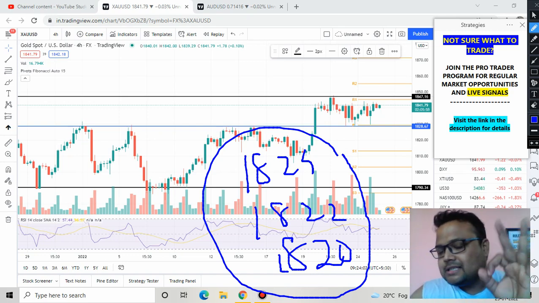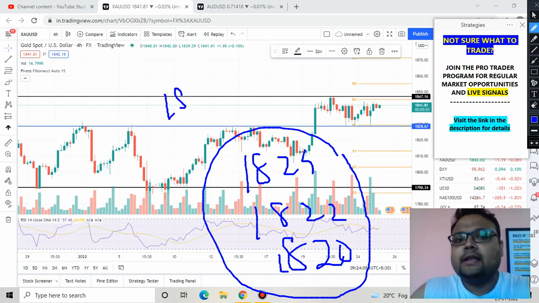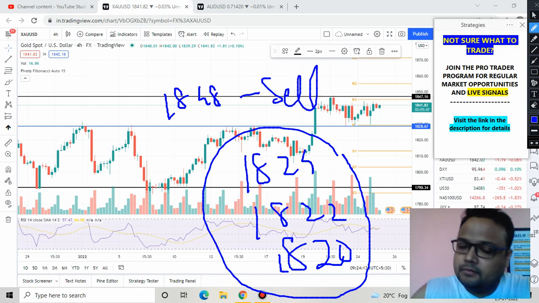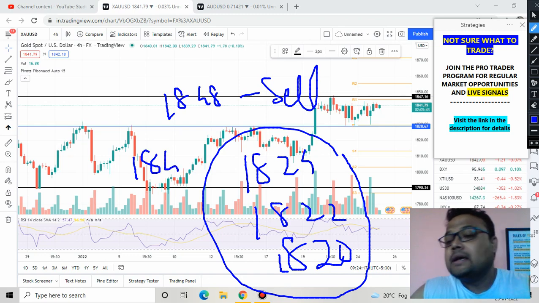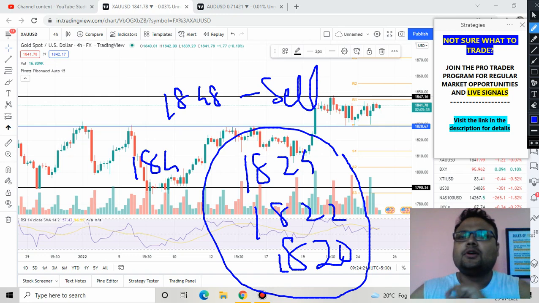So right now, just keep in mind that if gold goes up and reverses from the resistance zone of 1848, you can take a sell position. If you see that gold is also reversing from the minor resistance, yes, I'm using the word minor here because 1848 is not a very strong one.